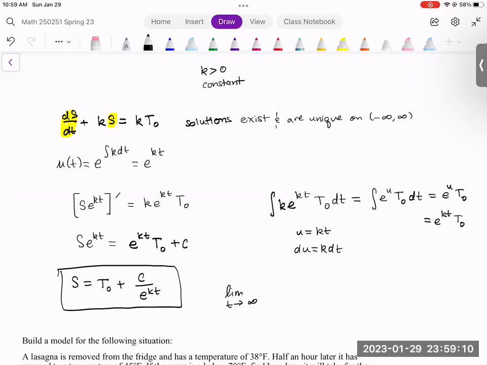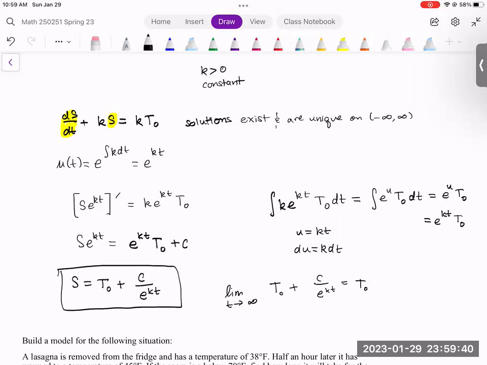When we take a look at this, t naught plus c over e to the kt, remember, k here was a positive value, and so e to the kt is going to go to infinity, and so c over e to the kt goes to 0. So over time, our solutions approach room temperature, which we know from experience should be the case.